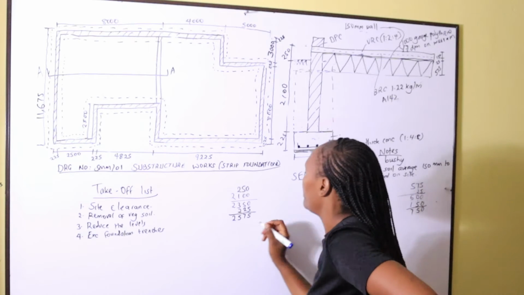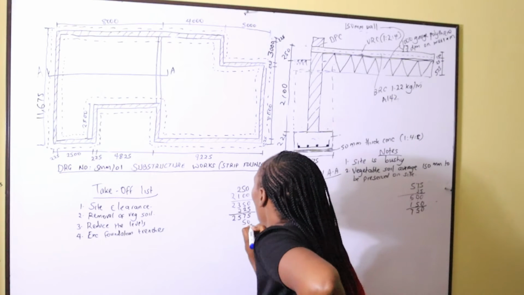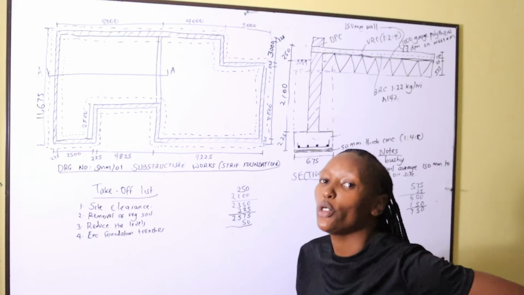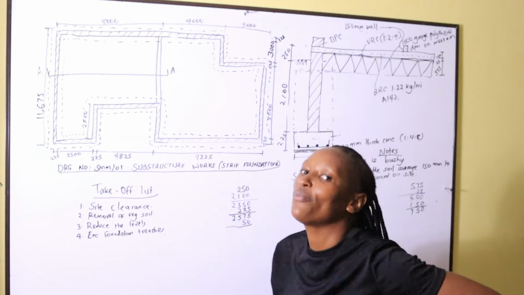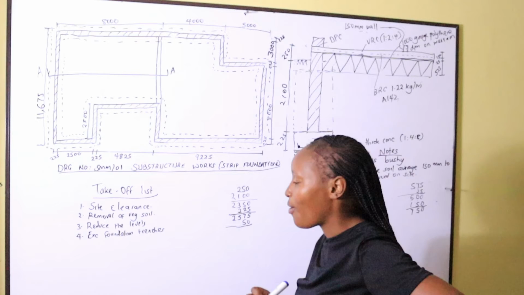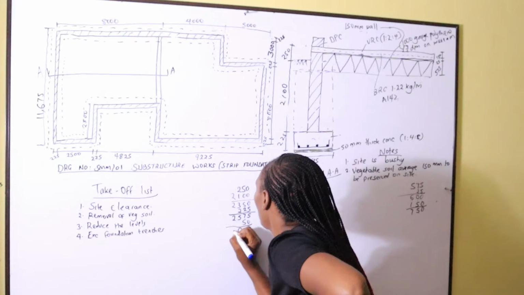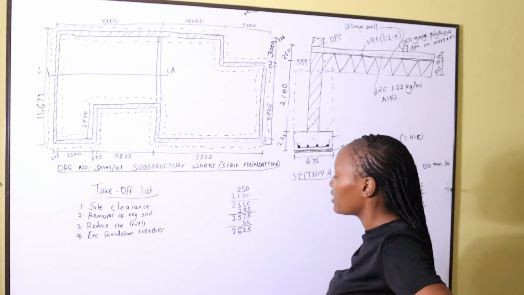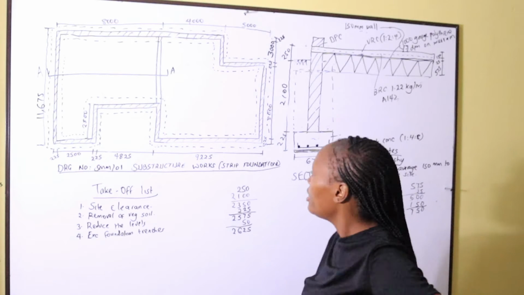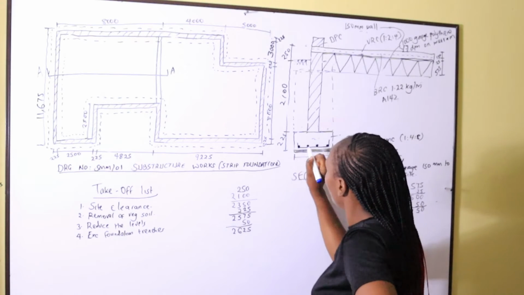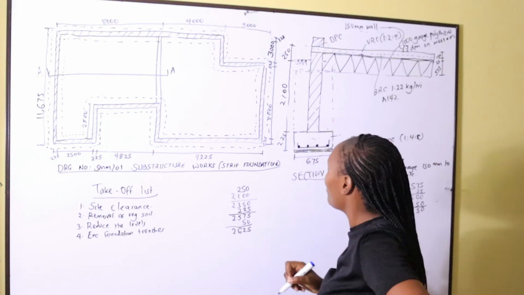Then we add 50 for the blinding, because we excavate to the bottom of the trenches, and at the bottom of the trenches is where we lay our blinding. So it shall be 2625. The depth from below here to the ground is 2625.